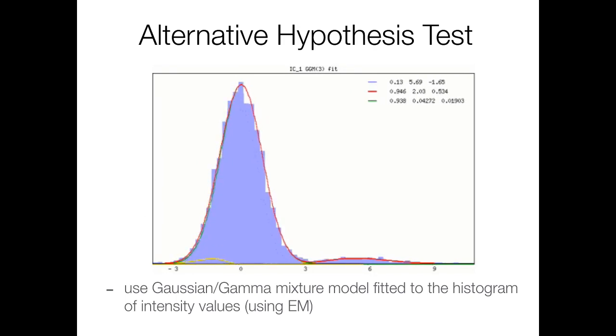A third distribution may also be used to model negative values, although in this particular example, 2 distributions are enough. And once we've fit these distributions, we can say for each voxel how likely it is to be in the noise part or in the signal part of the component.